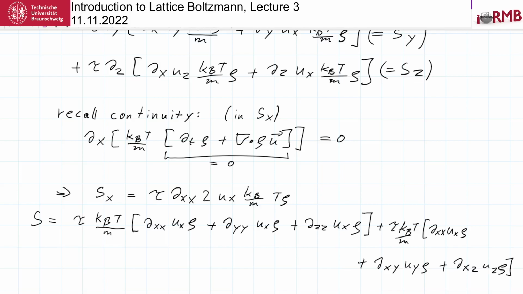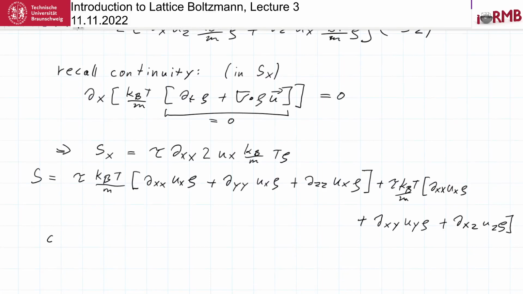Okay, now this is our S, and this S can now be rewritten in terms of tau k Boltzmann T divided by m. Because I've gathered all the second derivatives here, what we observe is that these are derivatives of the same thing. It's always the velocity ux in these three different directions. This we identify as the Laplace operator applied to the velocity ux.